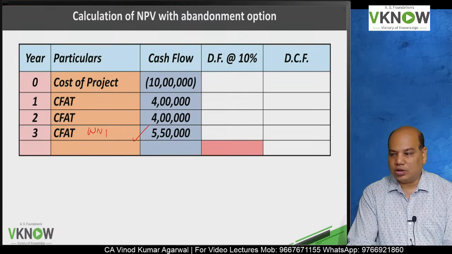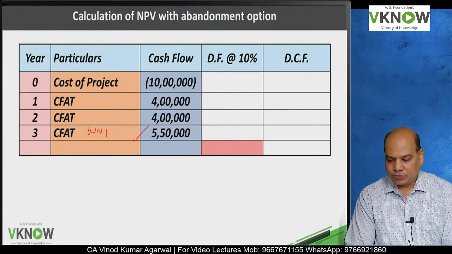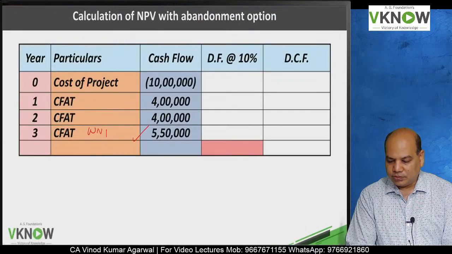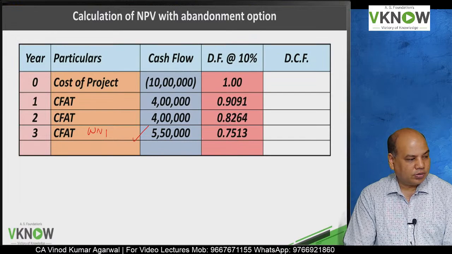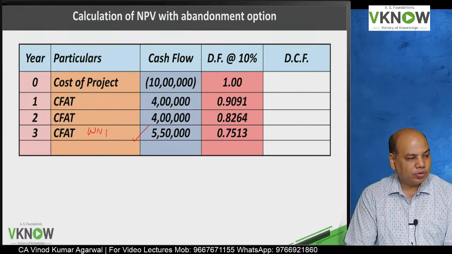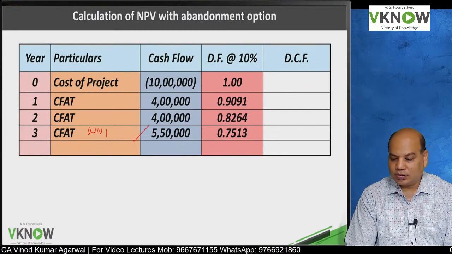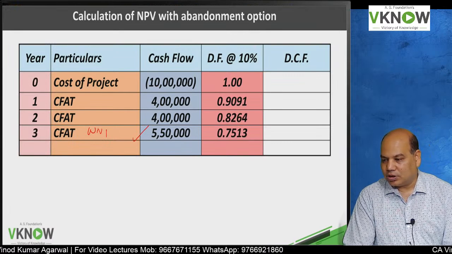Now you compute the NPV. Write down the factors. Very good. Multiply cash flow with discounting factor and tell me the total.